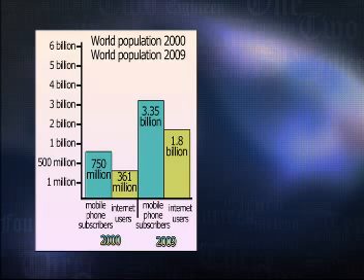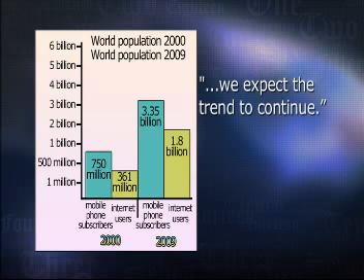Right now, the amount of mobile phone subscriptions and the amount of internet users are dramatically increasing. Considering that mobile phones and internet are important to our everyday lives, we expect the trend to continue.